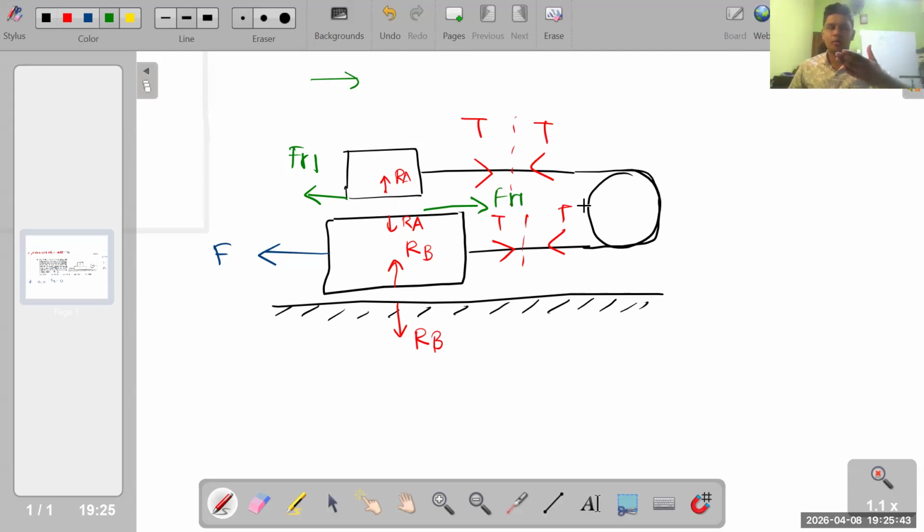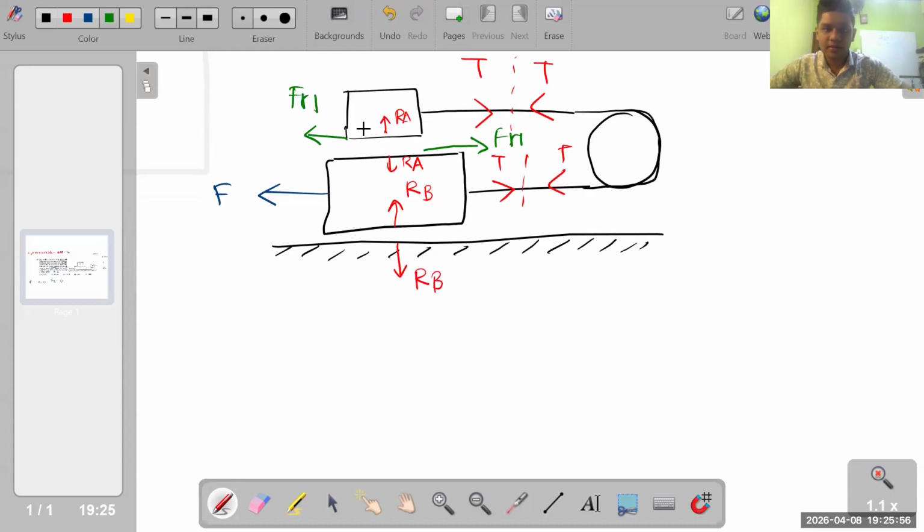Just think of the normal vehicle which we use to go on the road. The tire pushes the floor backward, the floor pushes the tire forward, right? A similar idea can be applied here also. So I'll do it for the bottom mass, which is B. Here the weight is being pulled in the left direction, so in which direction will the friction be taking place?